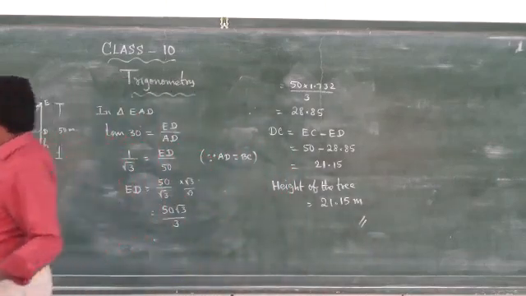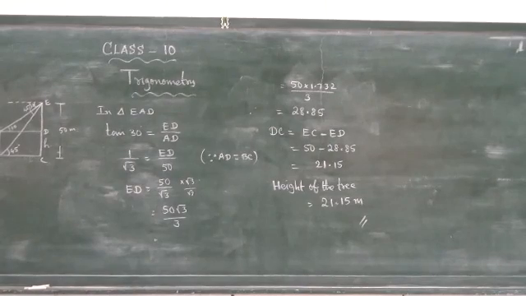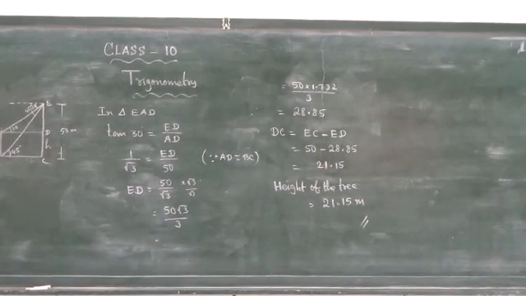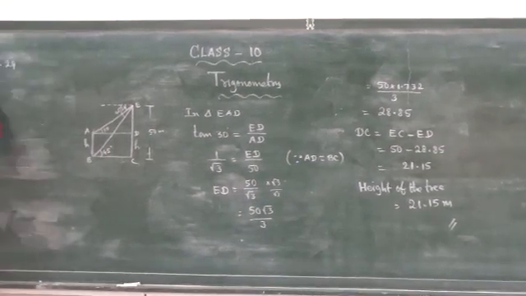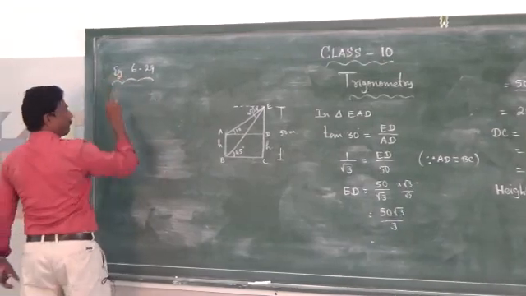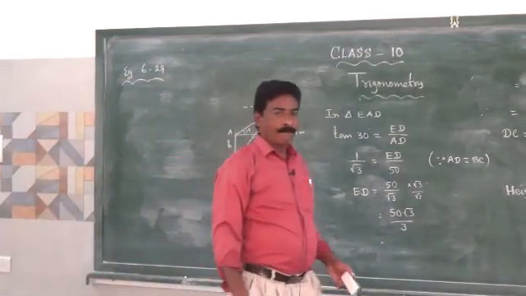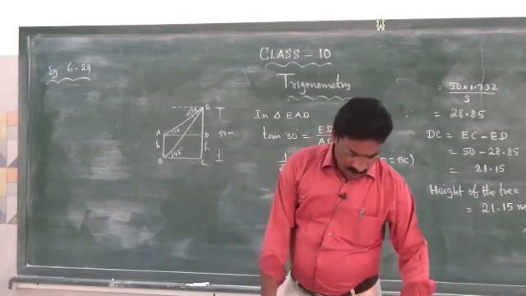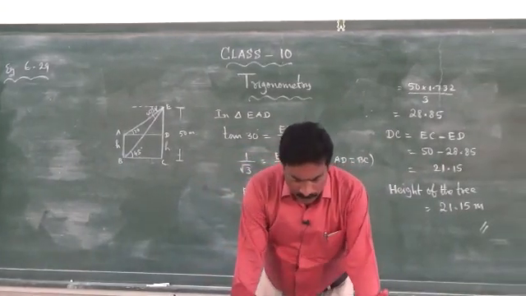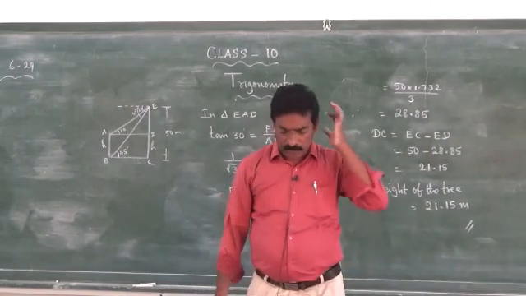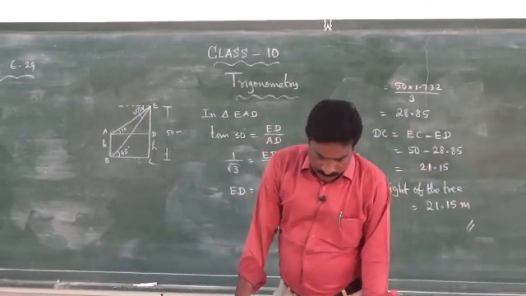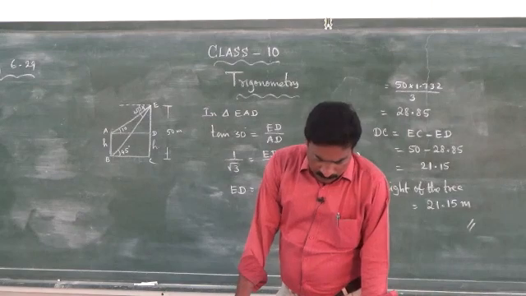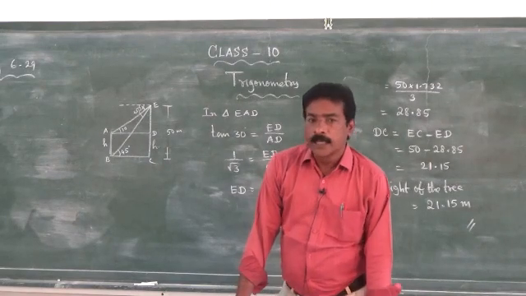The next example, 6.29. The question: as observed from the top of a 60-meter high lighthouse from the sea level, the angles of depression of two ships are 28 and 45.